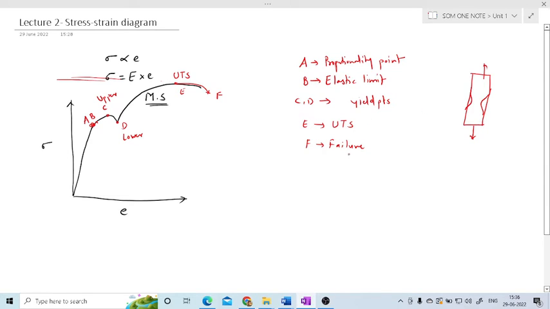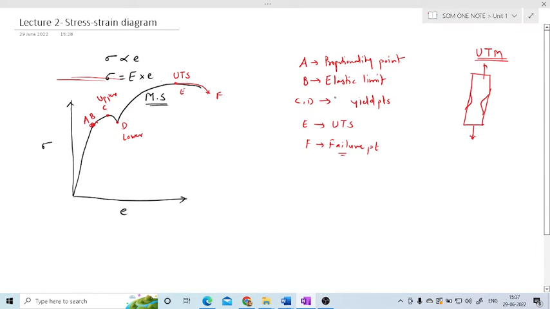So this is the failure point where the material actually breaks. So this is the stress strain graph, and normally to draw this graph we use the universal testing machine. The UTM machine is used, and on that a dumbbell shaped standard specimen is used, and these are the different points.